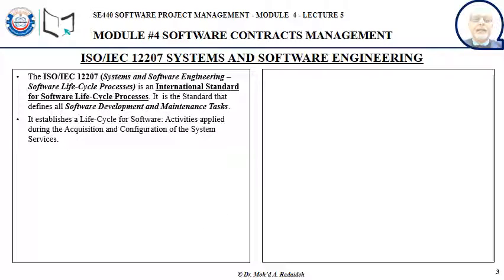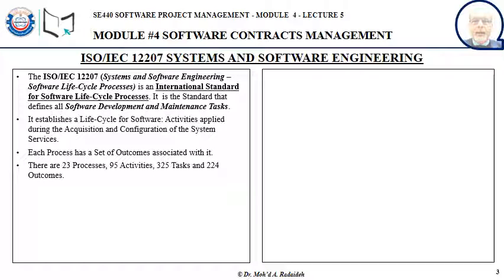It establishes a life cycle for software activities applied during the acquisition and configuration of the system services. Each process has a set of outcomes associated with it. And generally speaking, there are 23 processes in this standard, 95 activities, 325 tasks, and 224 outcomes.